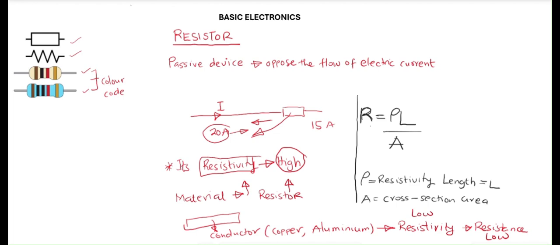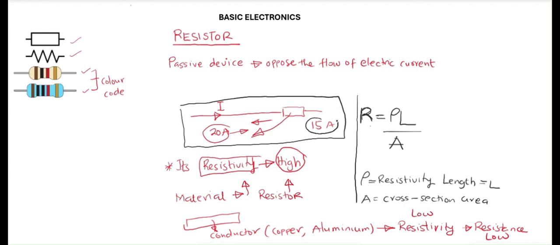Just as I said here, assuming 20 amperes of current is flowing through a resistor which has high resistance, it will allow, let's say, 15 amperes to flow. So where did the 5 amperes of current go? In most cases, the resistor converts the current that it's resisting to what we call heat, because energy cannot be created nor destroyed.